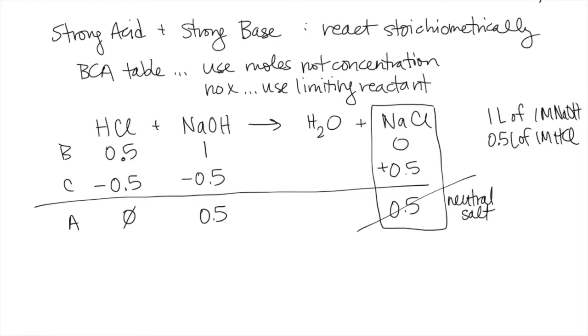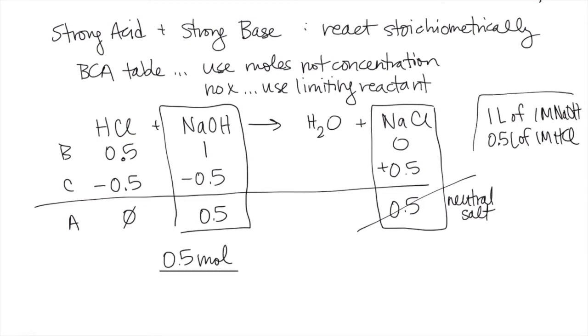The other thing that I've got is half a mole of NaOH. This one here is going to affect my pH. So what I need to do now is calculate the concentration of my hydroxide ions. I've got 0.5 moles, and because I mixed these together, I actually have 1.5 liters, which means, oh gosh, that's 0.33 molar.